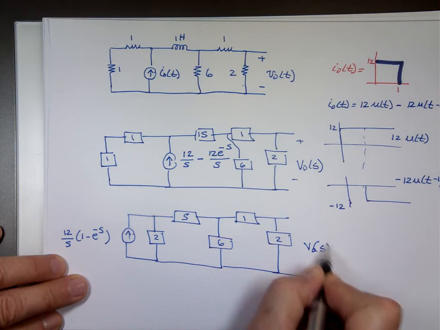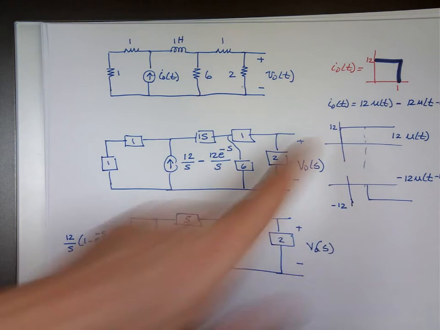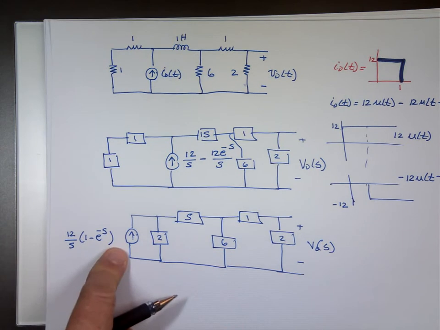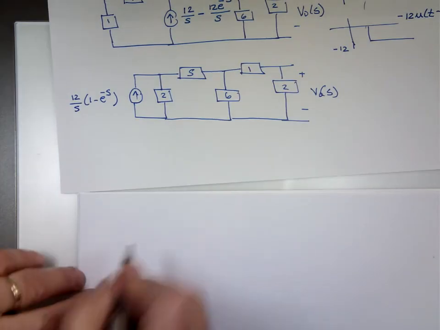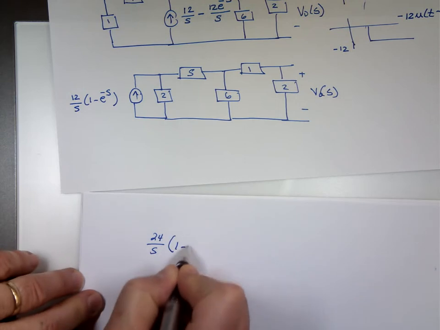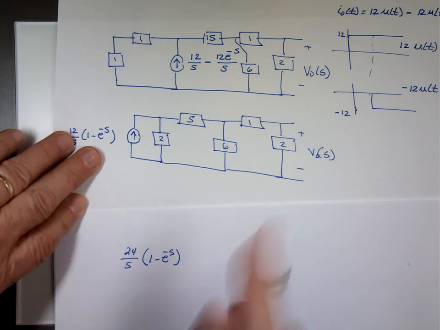Again, it's not really that hard, this problem. I just want to show you that step function, that little square wave. You can rewrite that and use this function now. I can use source transformation. This will be a voltage of what? 24 over S. Now, once you do that, this becomes a voltage source.